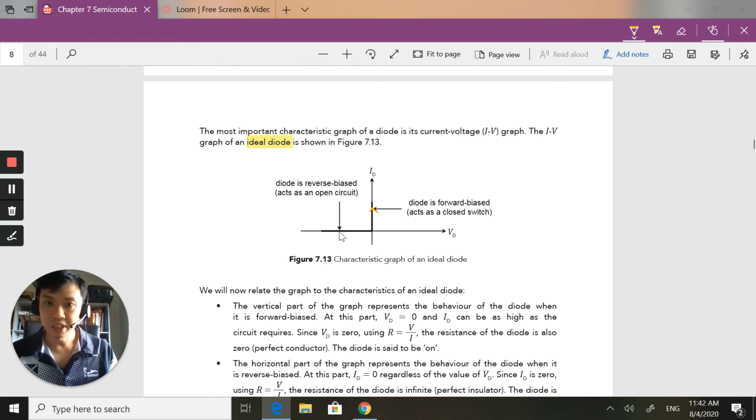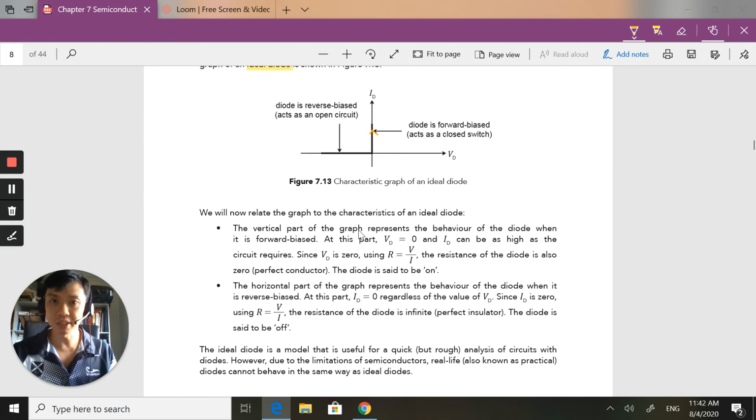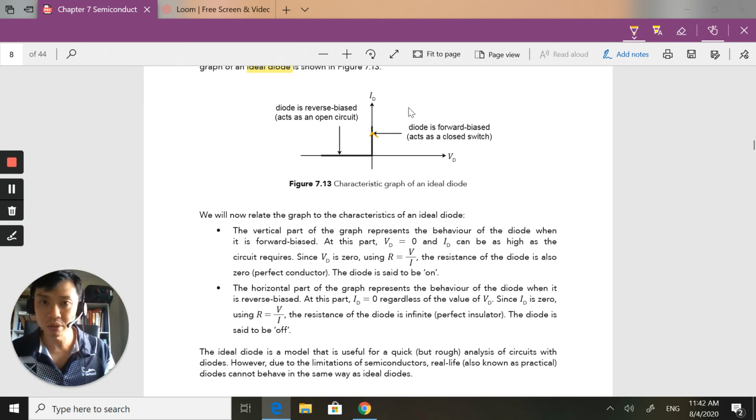But if it's in a reverse bias arrangement, no current flows, so zero current. This is the ideal diode model and it uses this IV characteristic. You can read about this. What I've explained is covered in these two paragraphs.